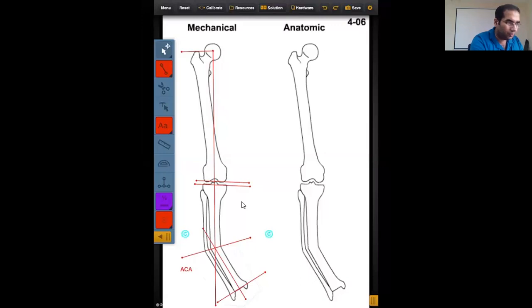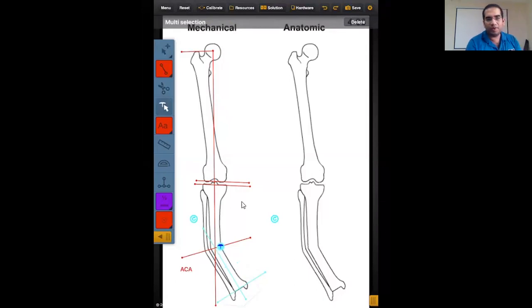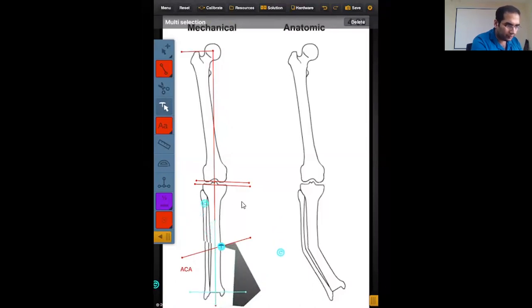Now, in this scenario, we have planned a closing wedge osteotomy. When doing a closing wedge osteotomy, obviously you are going to place your hinge on the concave side, and then you will do a closing wedge.